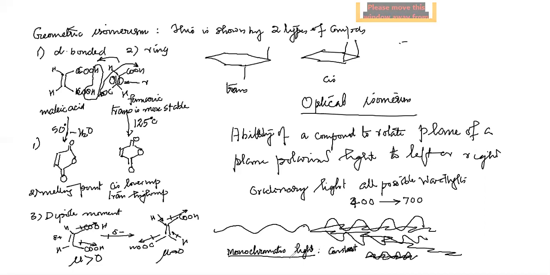This is obtained by passing ordinary light through a simple prism. If you pass ordinary light into a prism, it forms VIBGYOR, violet to red. So you have split it into different wavelengths.